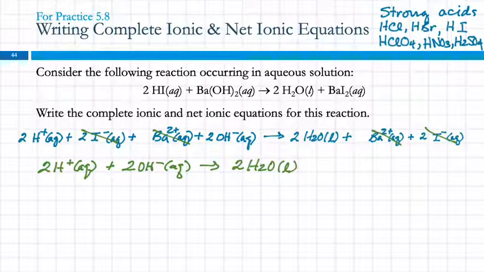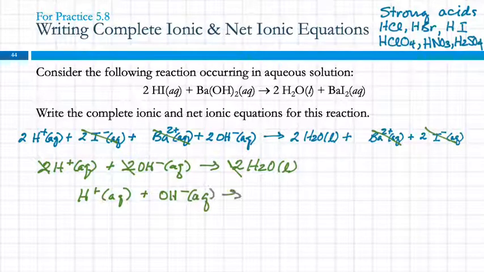So ideally, you would see that all those coefficients can be divided by 2. And so it's H plus OH minus, making H2O. Any questions?